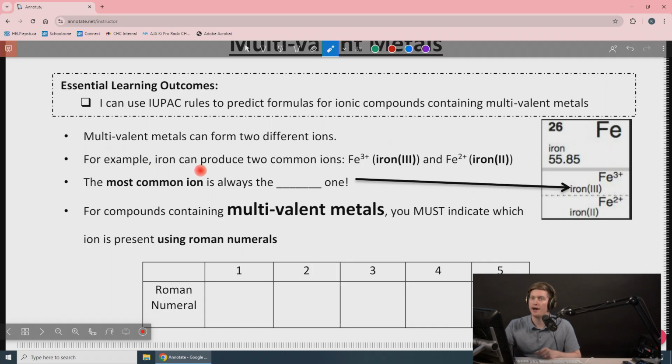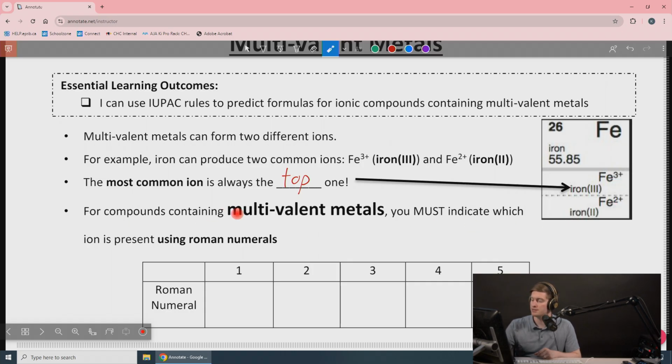Another example, iron can produce two common ions: iron 3+, which when we write it, we call iron with the Roman numeral 3, and iron 2+, which we call iron 2. The most common ion is always going to be the top one. So iron 3+ is more common than iron 2+.